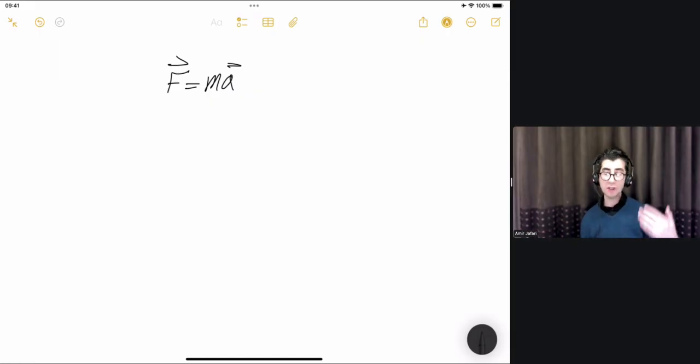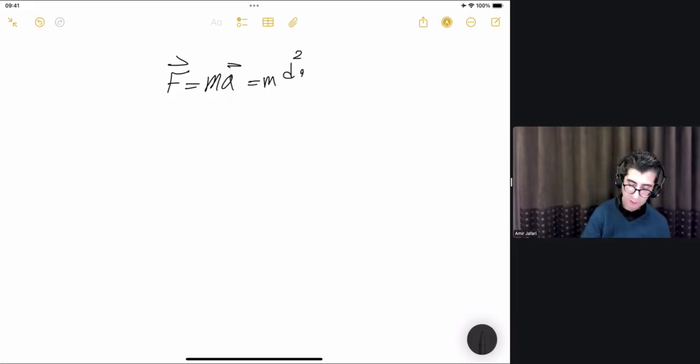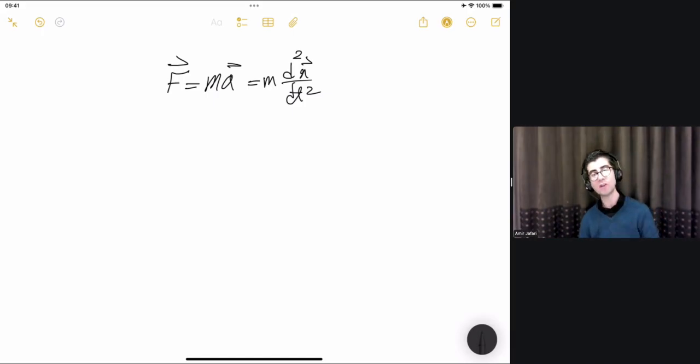If you know the total force F acting on your particle of mass m, then you can get the acceleration a, which is the second derivative of position with respect to time, using this equation. This is the equation of motion.